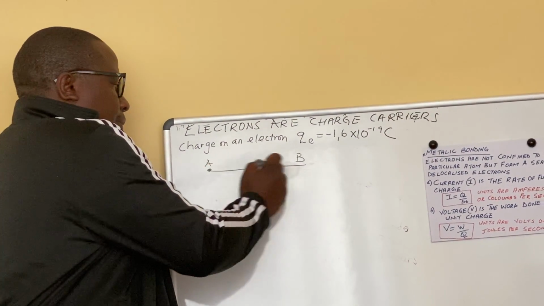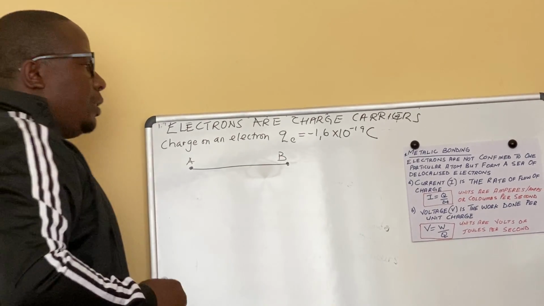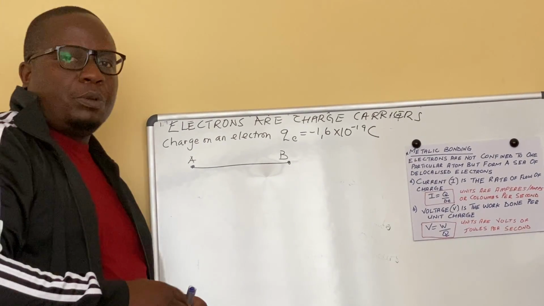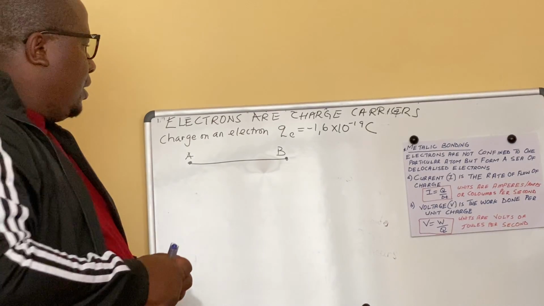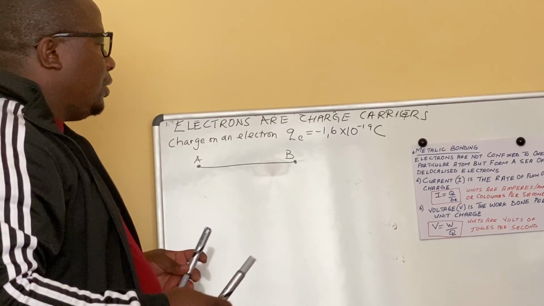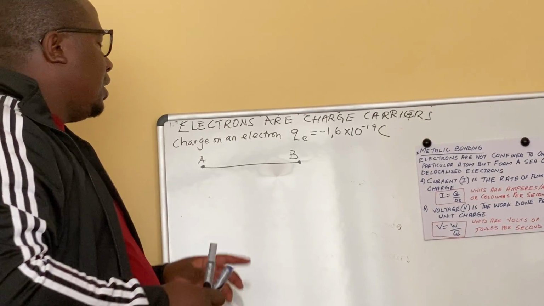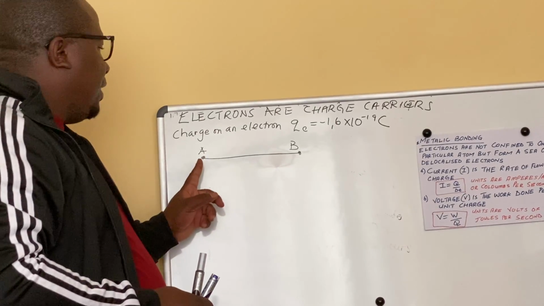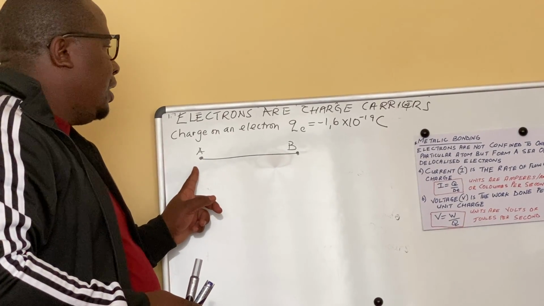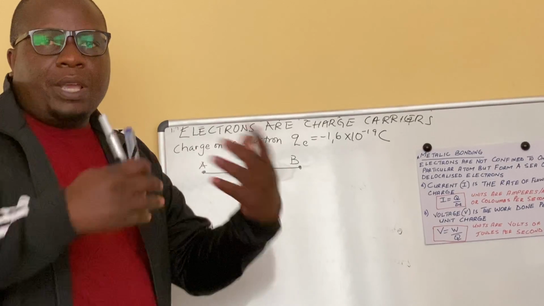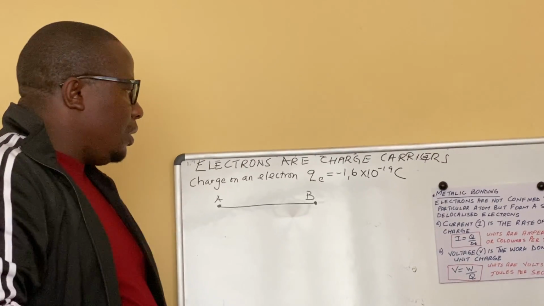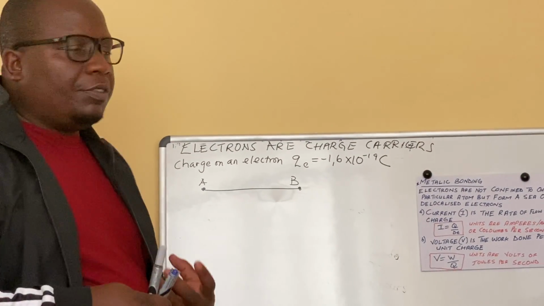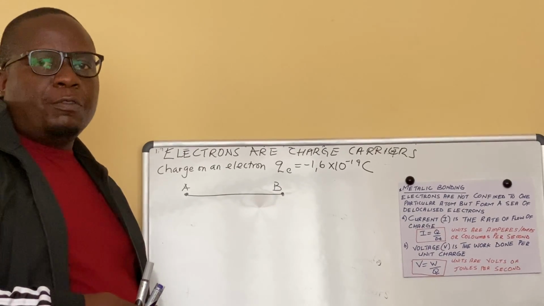When we are measuring the voltage, which we sometimes refer to as the potential difference, the voltage is the work done per unit charge. In other words, in order for us to move a charge from point A to point B, there is work that must be done. So the work that must be done for each and every charge is what we call voltage.